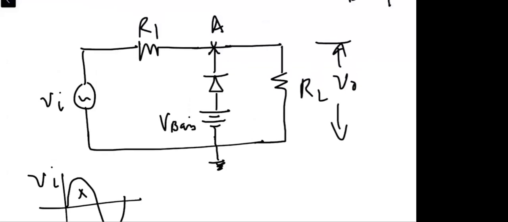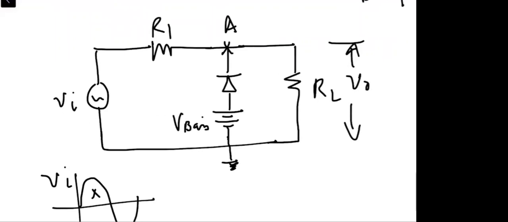As you can see, the diode is connected to V bias in such a fashion that during the positive half cycle, or at the start of the positive half cycle, the V bias potential is connected to the P side, the positive side.